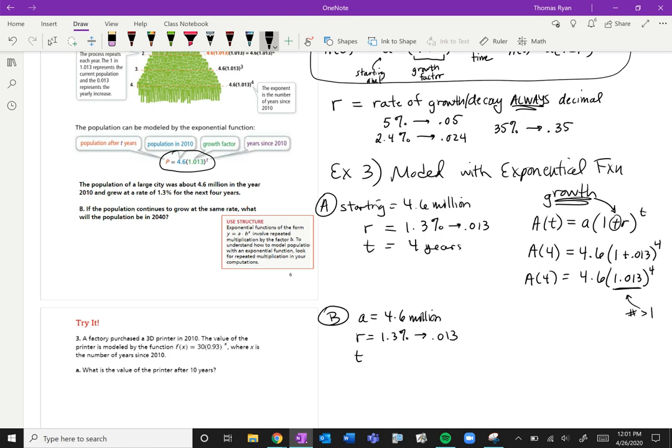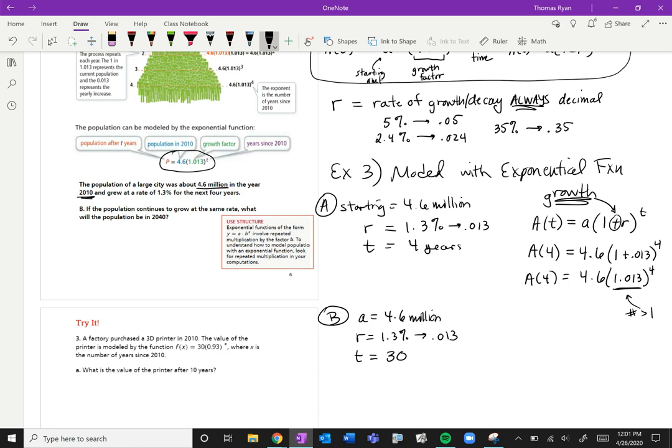And now t is our number of years since starting. Since we're asked about the population in 2040, remember, the starting was in year 2010. So how many years? Always think of t as how many times over it's been repeated. So in this case, from 2010 to 2040, we've done it for 30 years.